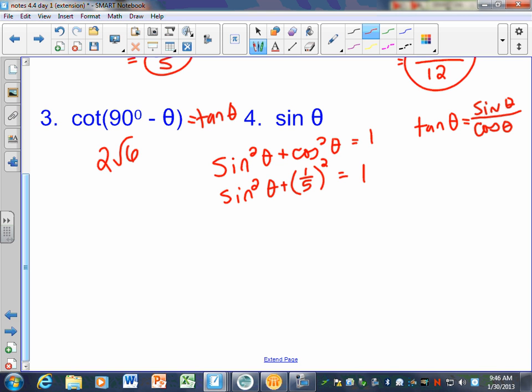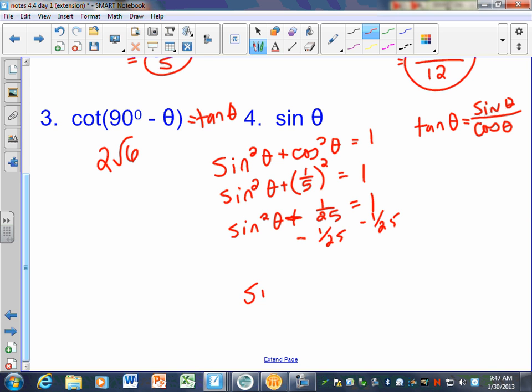So what is 1/5 squared? And then what would I do? Because I plugged in what cosine of theta was. Does that make sense? Because I knew cosine of theta was 1/5, so I plugged that in, and then that little squared means I squared that value.